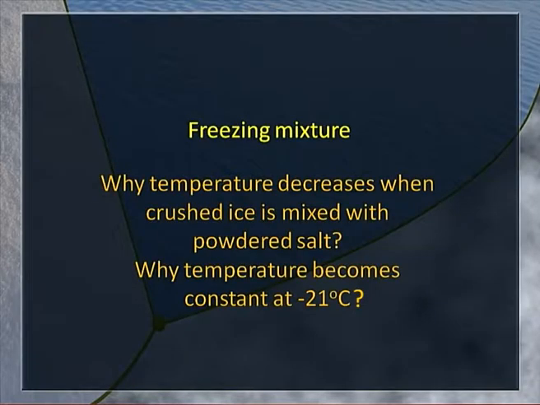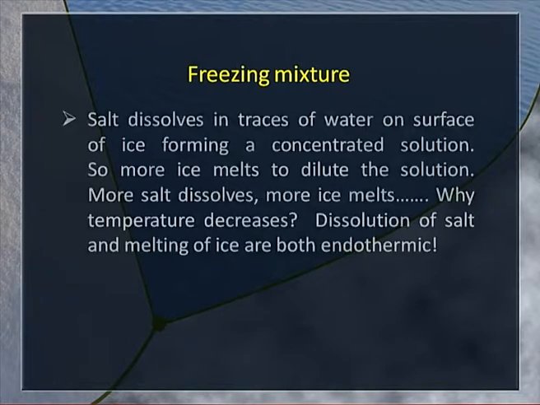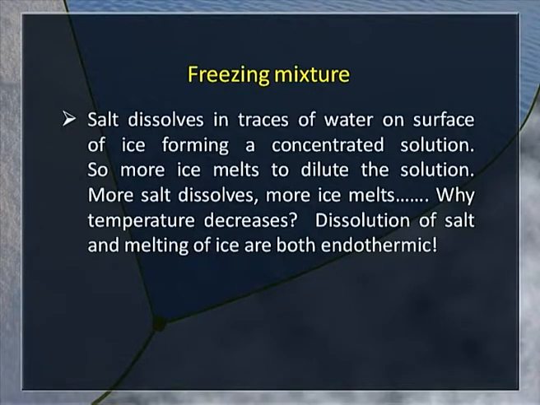But the question that arises is, why does temperature decrease when crushed ice is mixed with the powdered salt? Or another question can be asked, why does temperature become constant at minus 21 degrees centigrade? Both these questions can be answered. See, we know that when we add salt to crushed ice, the salt will dissolve in the small amount of water that is formed on the surface of ice.